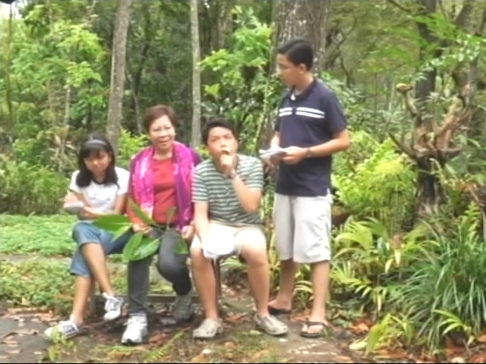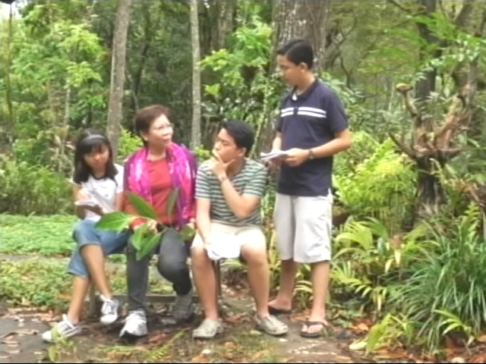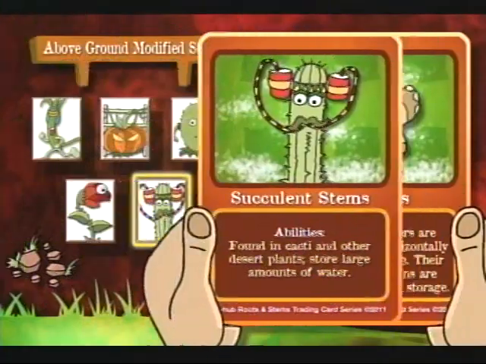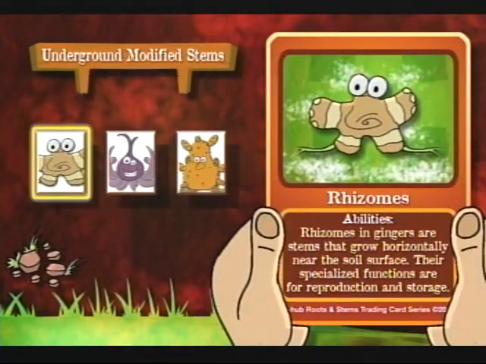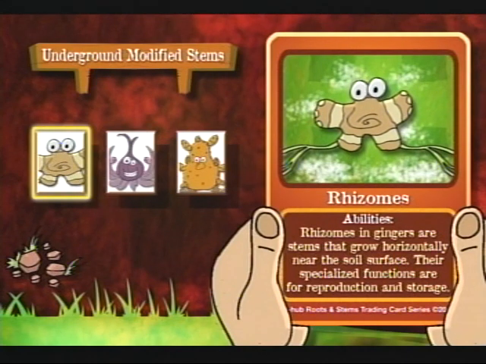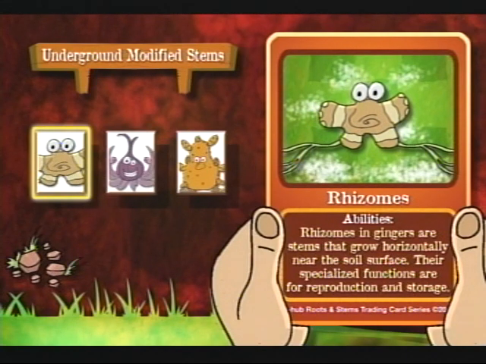What are examples of underground modified stems? Examples of some underground modified stems include rhizomes, as in gingers, which are stems that grow horizontally near the soil surface. Their specialized functions are reproduction and storage.